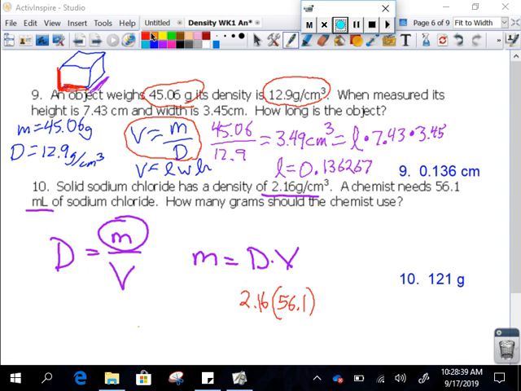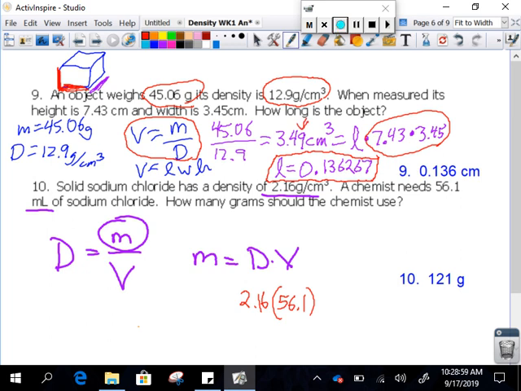I need you to be very diligent in the way you plug this into your calculator. You should get 0.1362 and so on. But the way you do that is these 2 values both get divided underneath the volume.